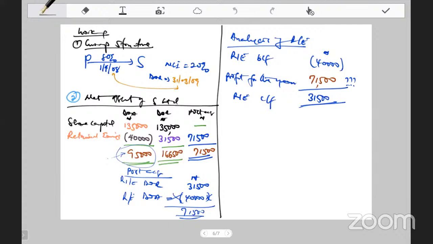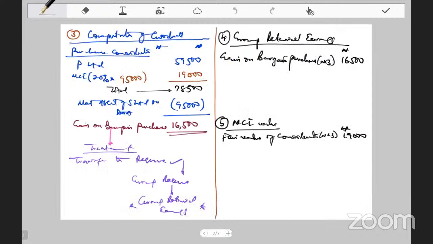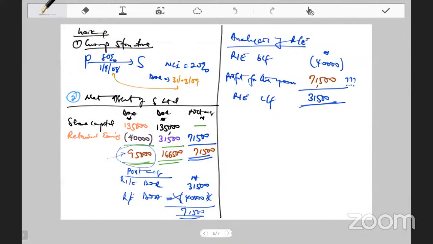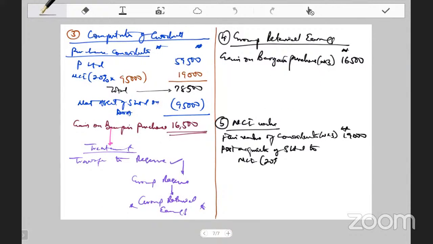Now my post acquisition will take me to calculating the post acquisition of X Limited to NCI. And what is the NCI percentage? 20%. So I will now take 20% of 71,500. Can I get my answer, please?